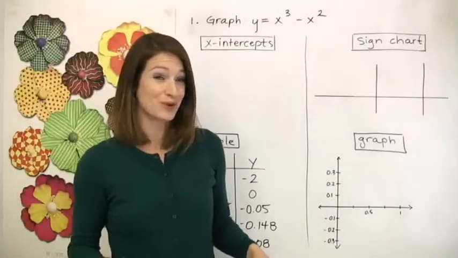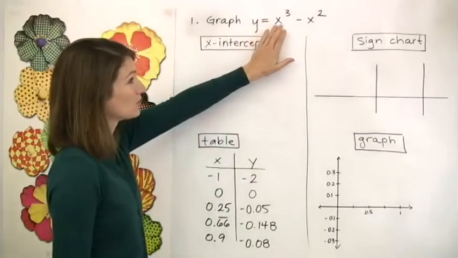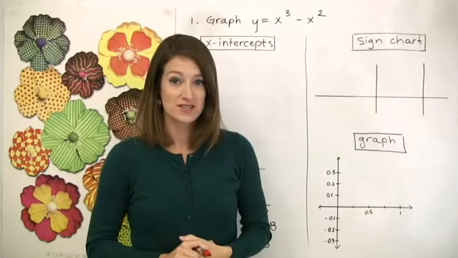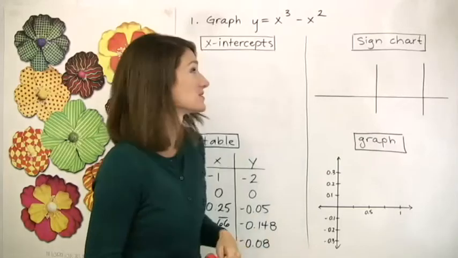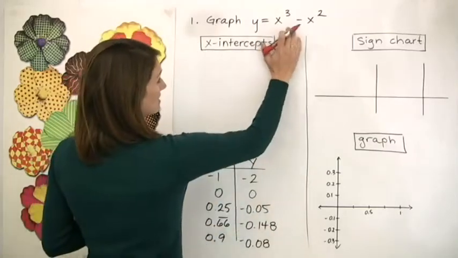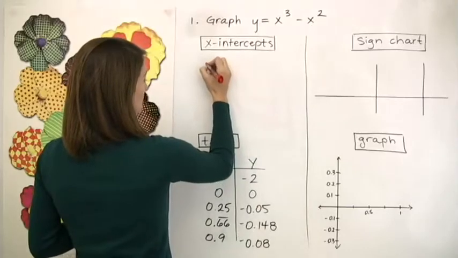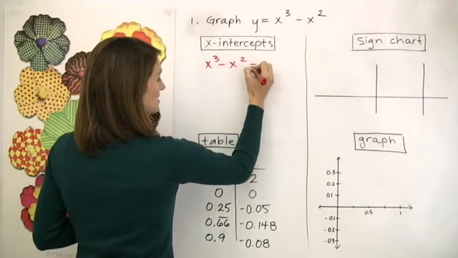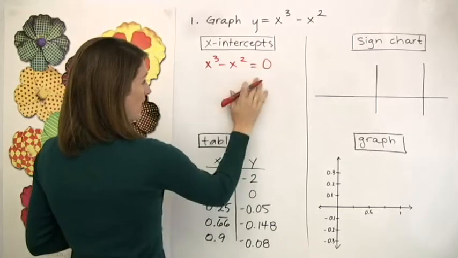For our first example, we're going to graph y equals x to the third minus x squared. So our first step is let's find the x-intercepts. And we do that by setting this function equal to 0. So we have x to the third minus x squared is equal to 0. And then we factor this.